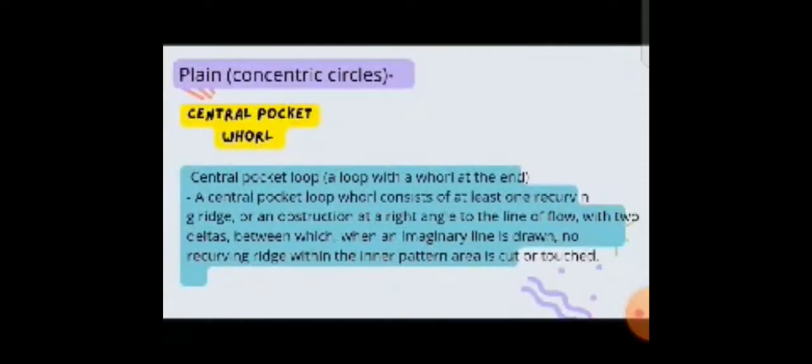Central pocket loop. A loop with a whorl at the end. A central pocket loop whorl consists of at least one recurving ridge or an obstruction at a right angle to the line of flow, with two deltas, between which, when an imaginary line is drawn, no recurving ridge within the inner pattern area is cut or touched.